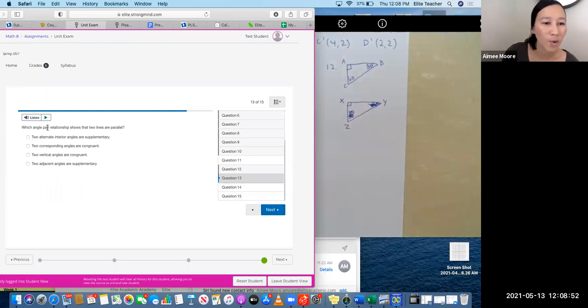Okay, which angle pair relationship shows that 2 lines are parallel? 2 alternate interior angles are supplementary, 2 corresponding angles are congruent, 2 vertical angles are congruent, or 2 adjacent angles are supplementary.